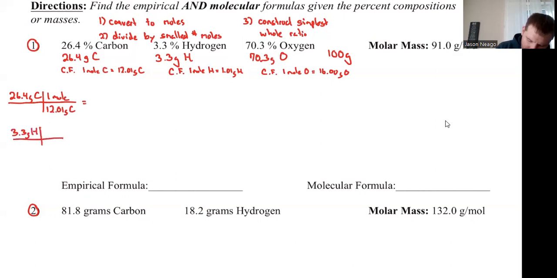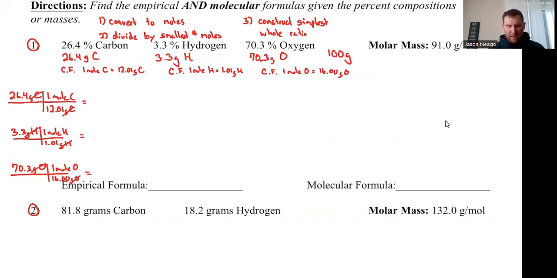I'm going to set it up the same way, so I have 1 mole hydrogen over 1.01 grams of hydrogen. And then for oxygen, I have 70.3 grams oxygen, and I'm going to set it up the same way: 1 mole of oxygen over 16.00 grams of oxygen. What this allows me to do is cancel out the units that I don't want, in this case grams, and leaves me with moles.